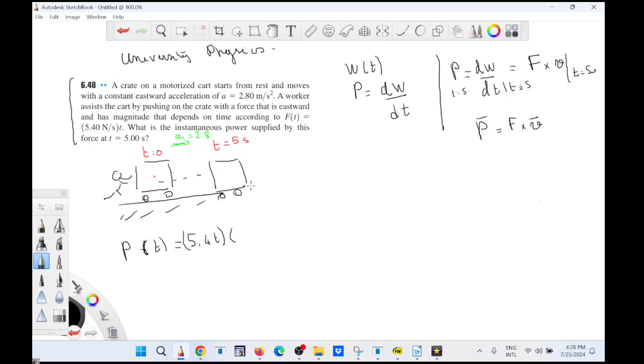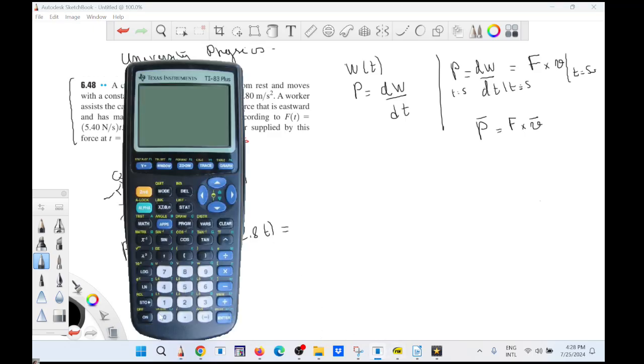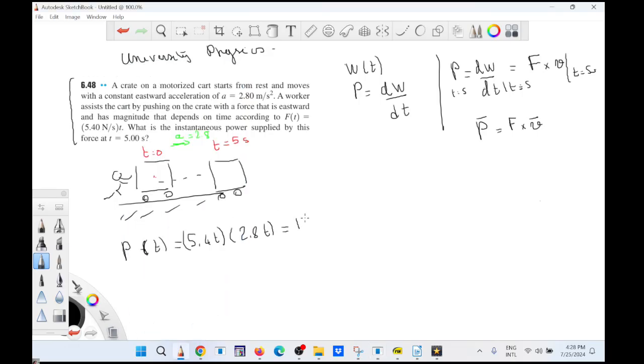So after t seconds, the velocity will be 2.8 t. So then you can compute 5.4 times 2.8. It's going to be 15.12. So 15.12 times t squared.